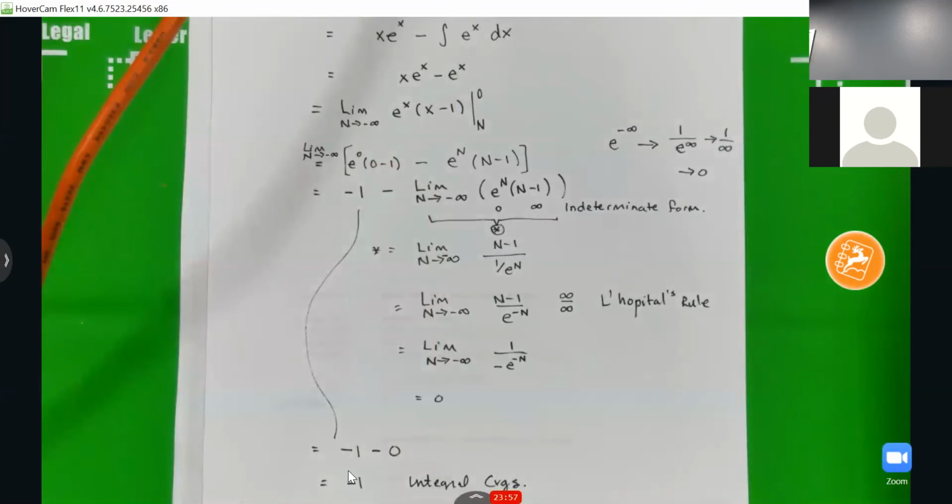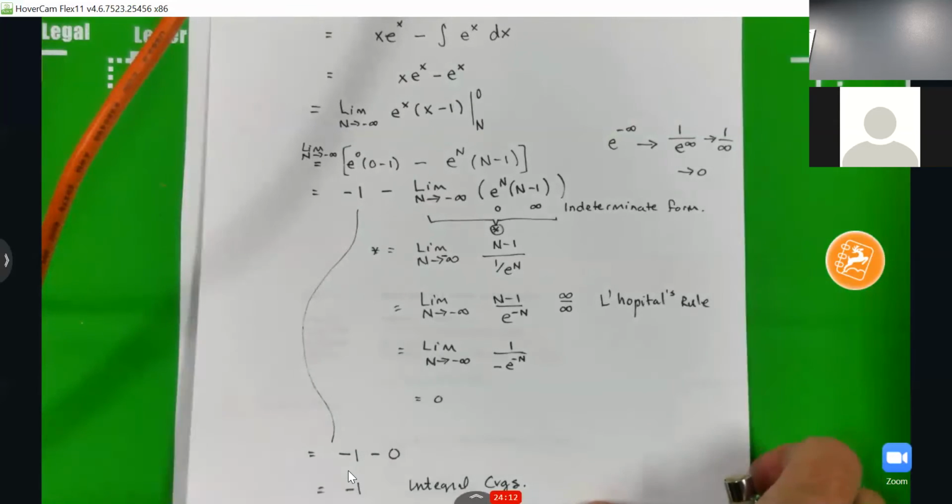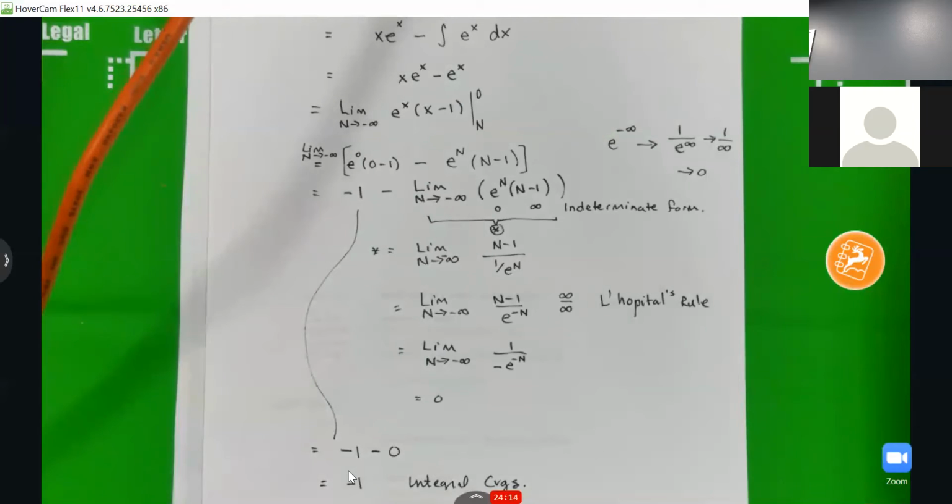Well, we've seen 3 that have converged. Let me see if I can think of one that is not going to converge. Maybe one of each type, one with an infinite integrand and one with an infinite limit. So how about we take a break here and make sure you get that all written down.